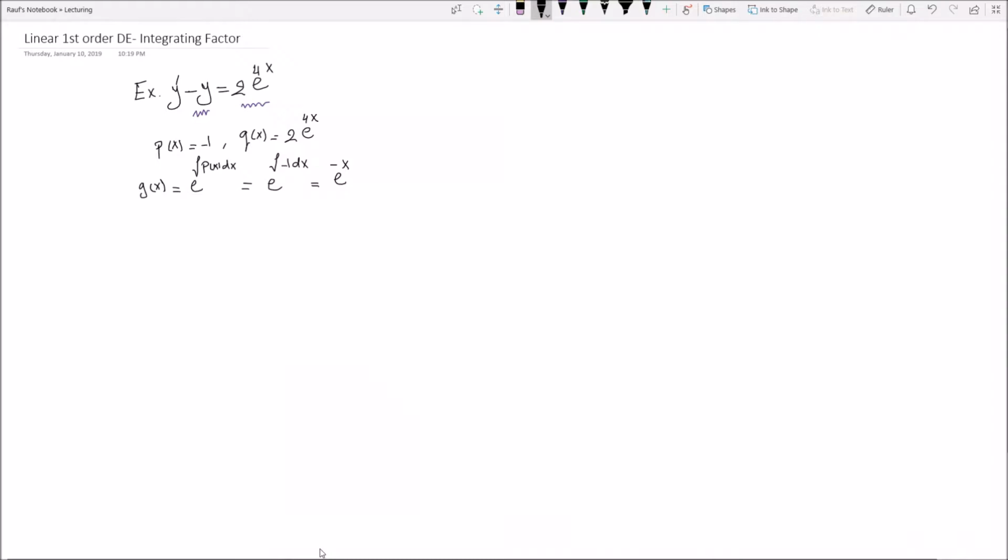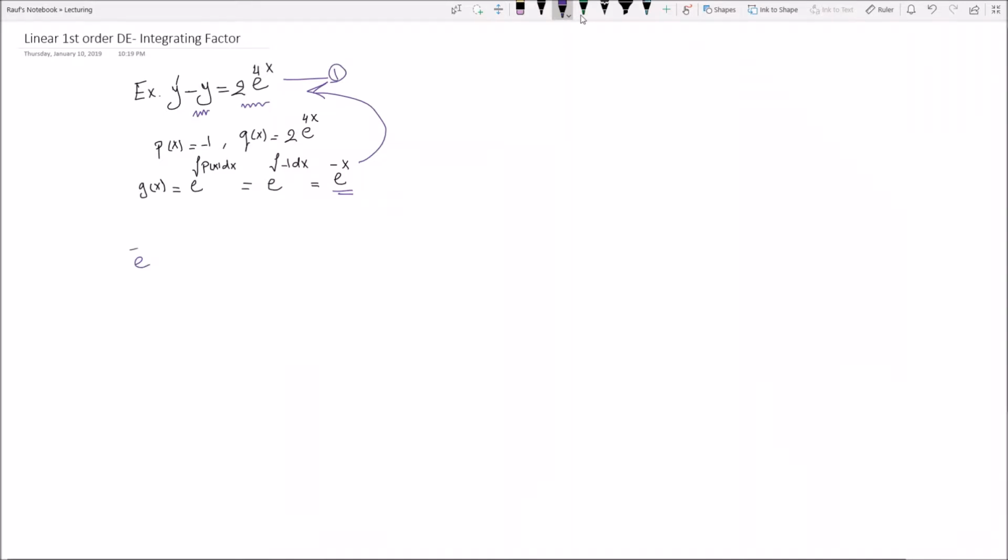Now we take the integrating factor, and we multiply it by the main equation. Let's call it equation number 1.